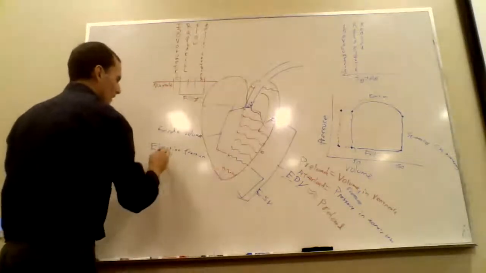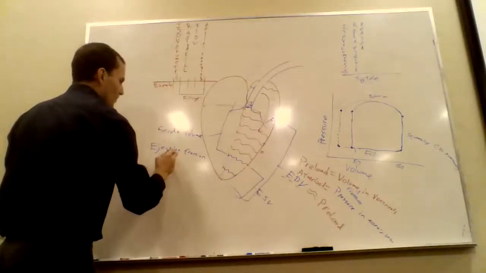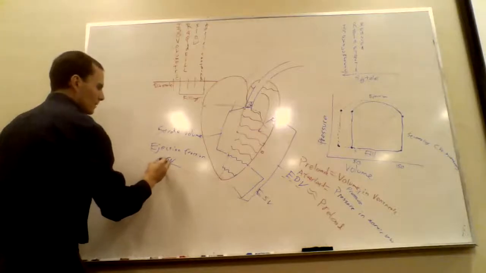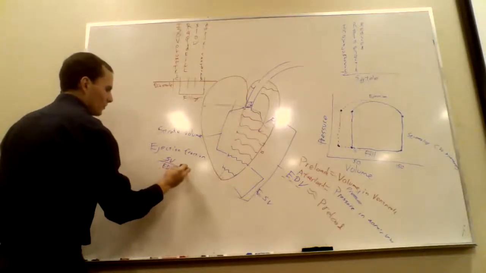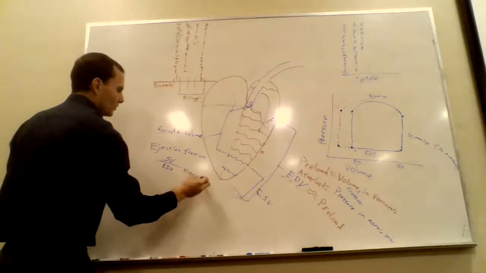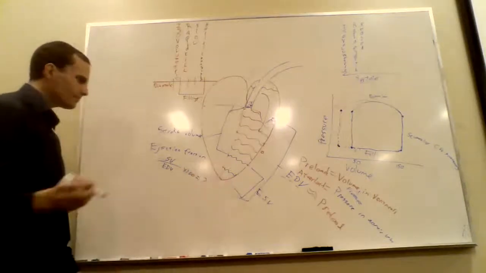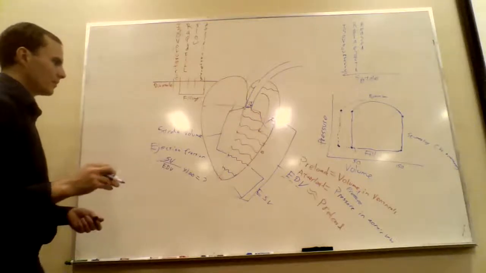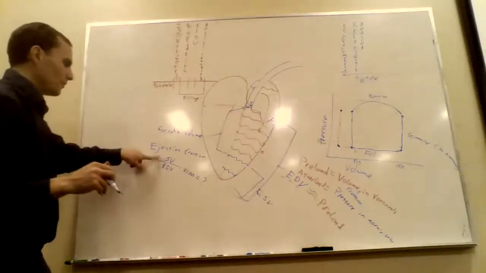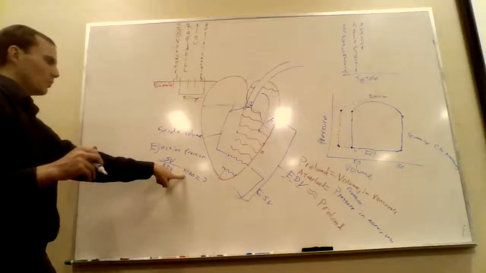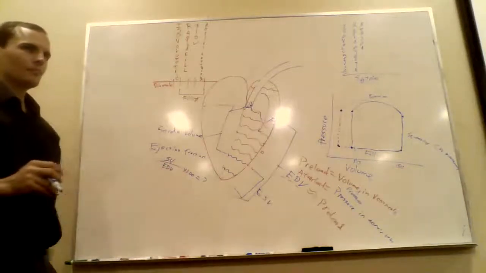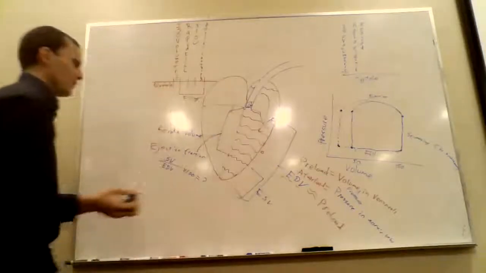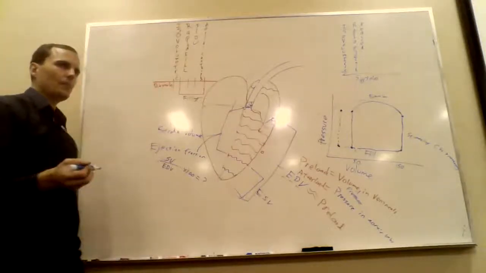And so we do that by stroke volume over end diastolic volume times 100 equals whatever. And that equals percentage of the blood that left. So amount that left over total amount, multiply by 100 to make it a percent. And then that is our ejection fraction, which is measuring pretty much the same thing as stroke volume, but expressing it in a different way.